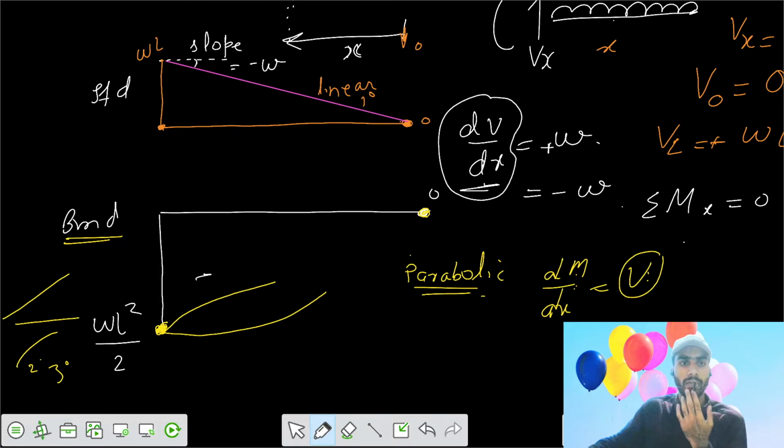Here the shear force is W into L. If the shear force is there and it's positive, that means you have to connect the two points by a line which has some slope.